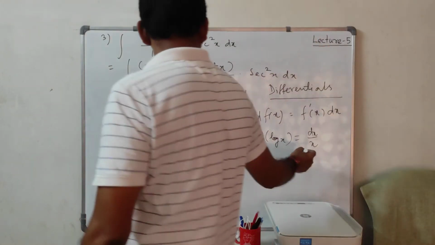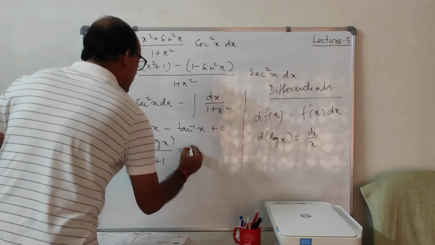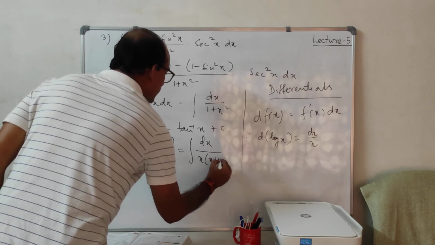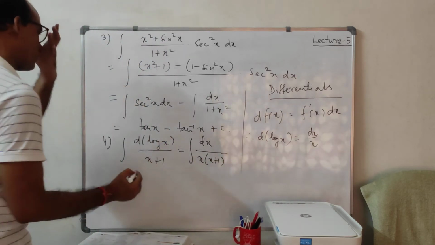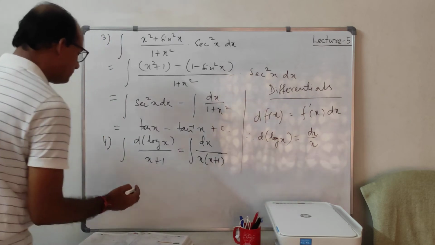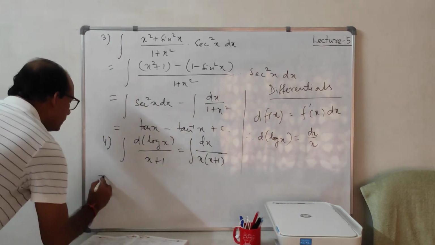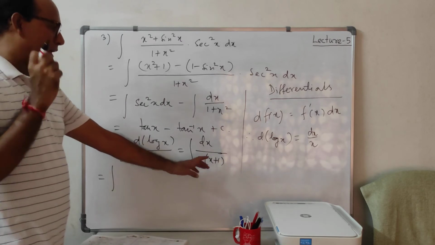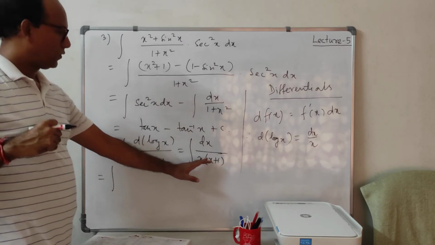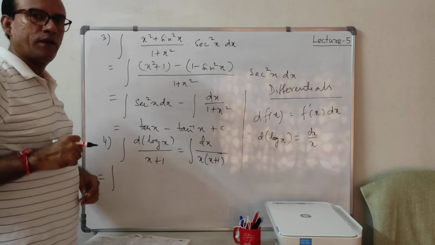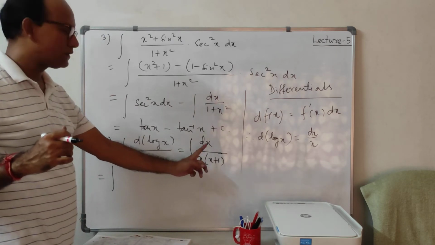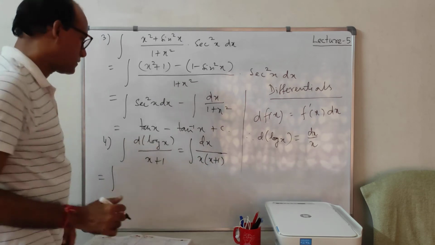So just put these things here. Dx by x into x plus 1. Very easy. Now you have to introduce partial fractions. Here the fraction is 1 by x into x plus 1.